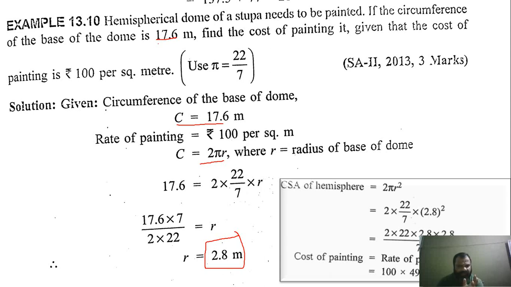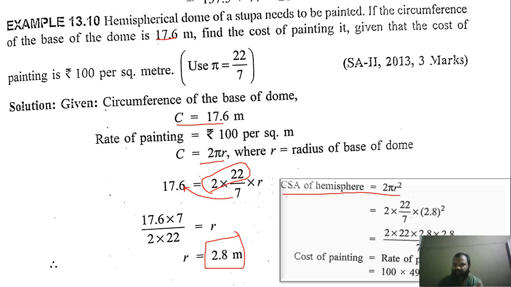clear now? Here 7 is multiplied and 2 into 22, both are in the form of division. Okay, so CSA of hemisphere equals 2 pi r square, and put the value of r.